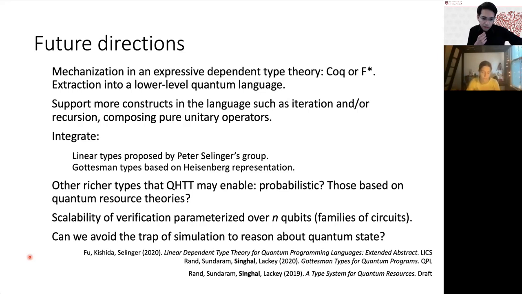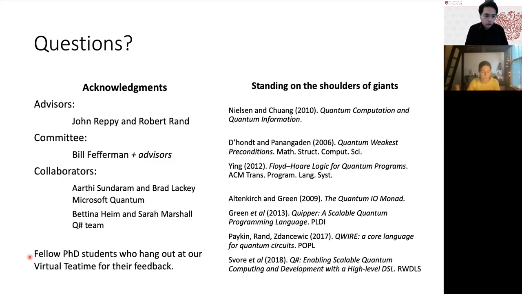So can we avoid the trap of simulation or using density matrices to reason about quantum computation? And how far can this approach of using ghost variables to track amplitudes take us? I think it's an open question and it will be interesting to find out. And with that, let me conclude, and thank you so much.